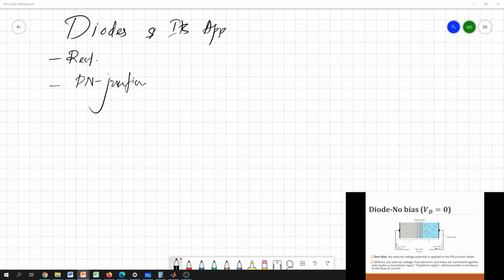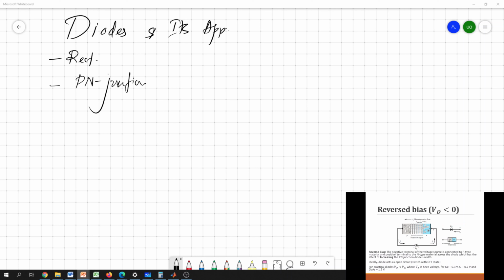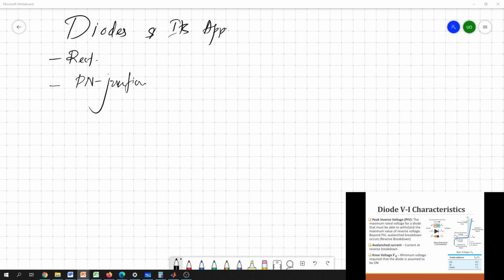We can apply a positive voltage, and we can apply a negative voltage as well. We are not going through this material level discussion, but we'll simply jump into the characteristics of the diode.